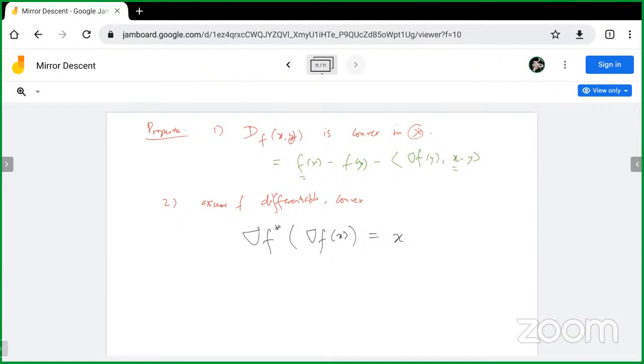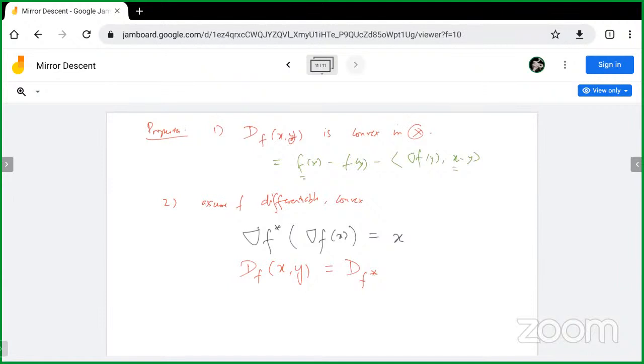Good, this we know. But now, where does the Bregman divergence come in? The Bregman divergence between x and y is the Bregman divergence of f star. If f is differentiable and convex, does it mean f star is also differentiable?